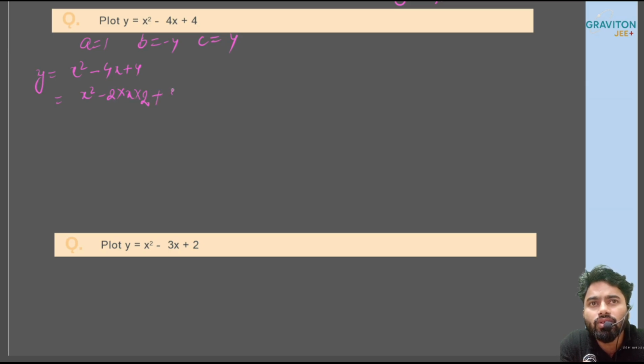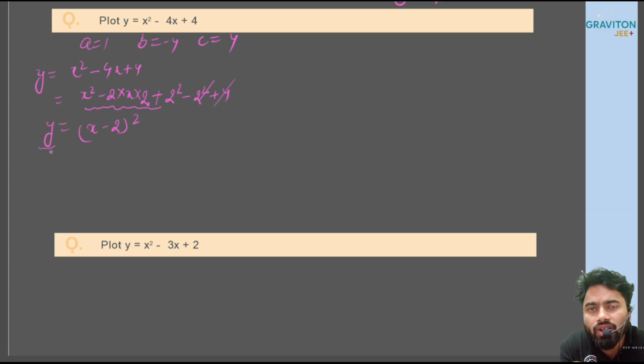So add 2 squared, subtract 2 squared, plus 4. This gives you x squared minus 2ab plus b squared, so x minus 2 whole squared, and minus 4 plus 4 is equal to 0. These two terms cancel out. So you have y equals x minus 2 whole squared.